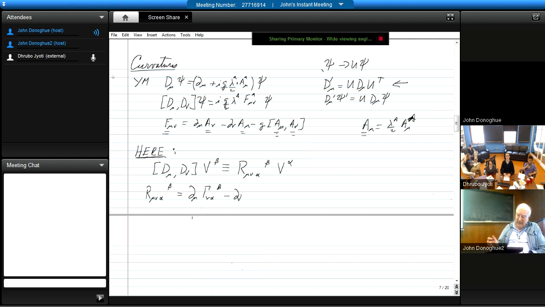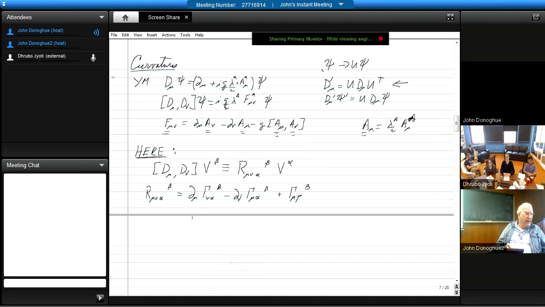And then there's the reverse combination that's also pretty obvious. It's anti-symmetric in mu and nu. Those are obvious. The last one you have to work a little bit to get the right tensor combinations.